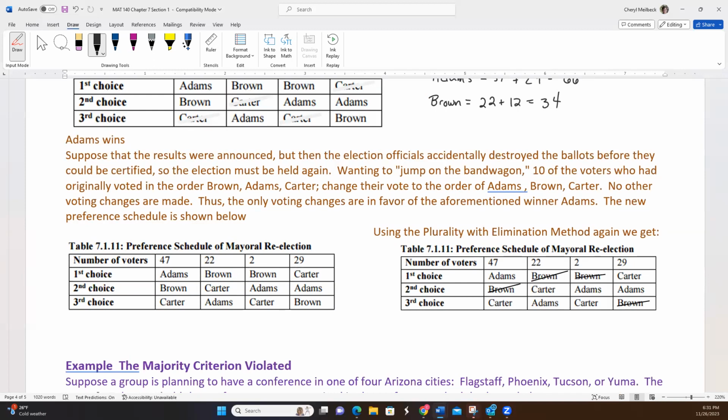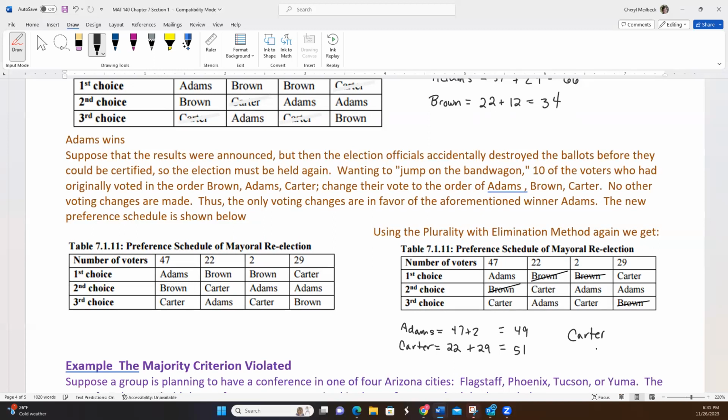So now we'd eliminate Brown, and if we check it, Adams would have this 47 and have this 2, so 47 plus 2. But Carter doesn't get this column, but gets this column with 22 and gets this column with 29. So that makes 49. This is 51. So now Carter wins.